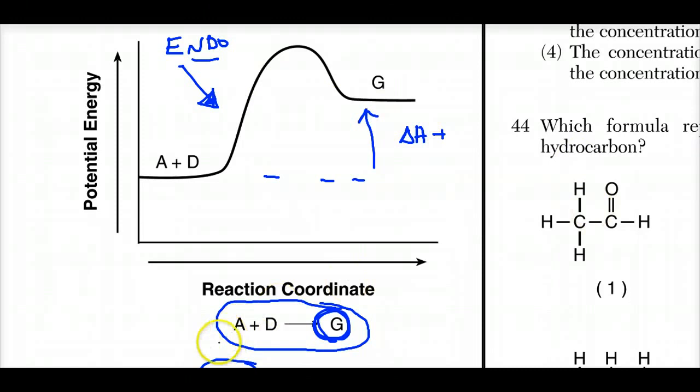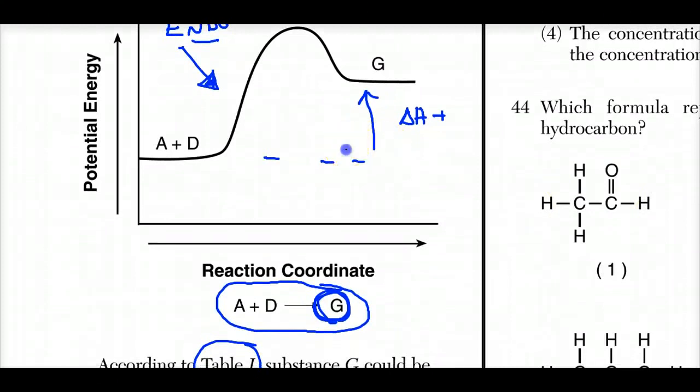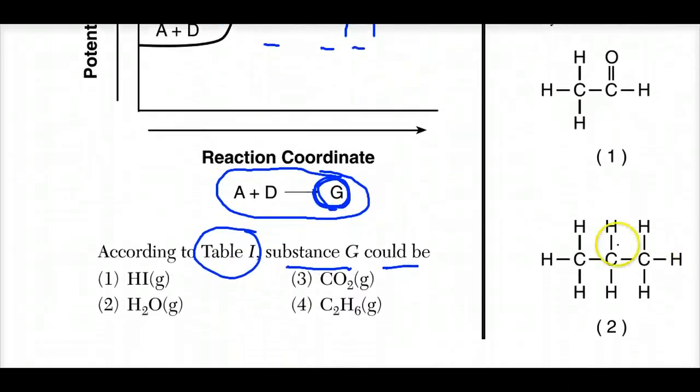So I'm looking for a reaction when it's making one thing, the delta H will be positive. The energy is rising. The products have more energy than the reactants because of that absorption of energy. So which of the following choices, when it's made from its elements, is endothermic? HI, H2O, CO2, or C2H6? Let's go to table I and find out.